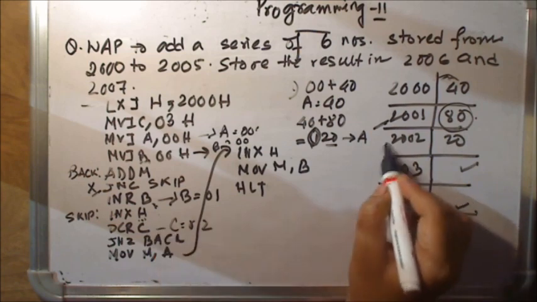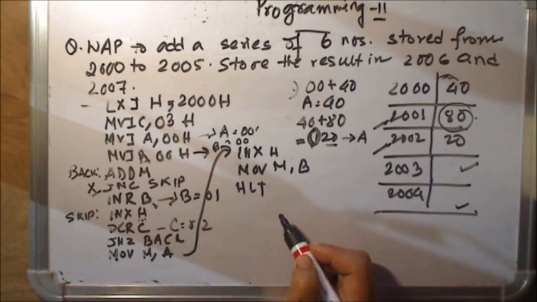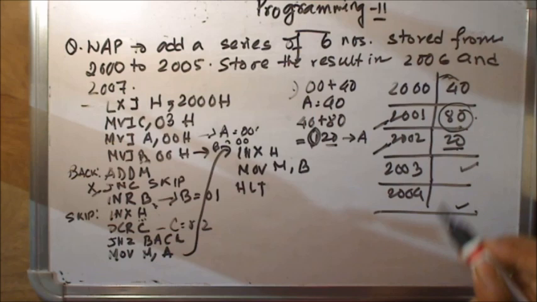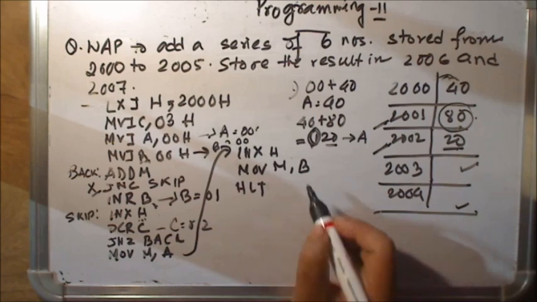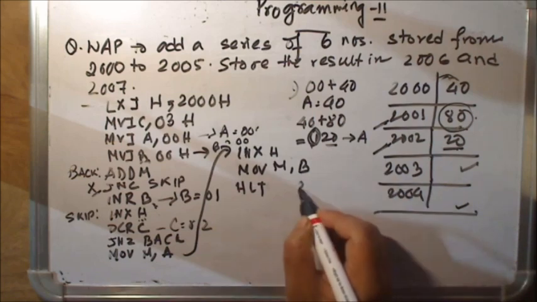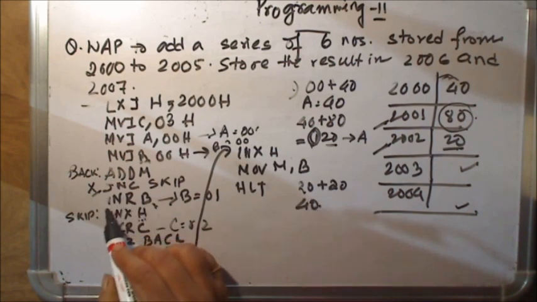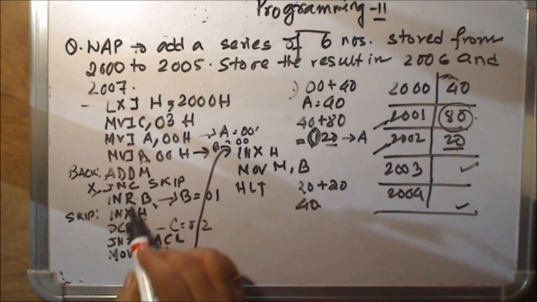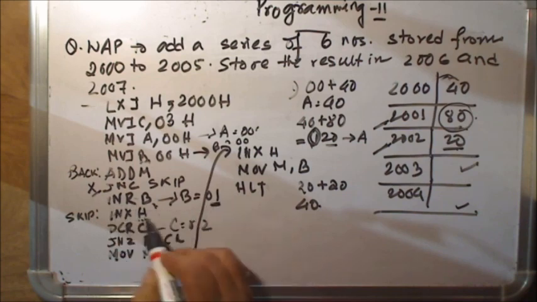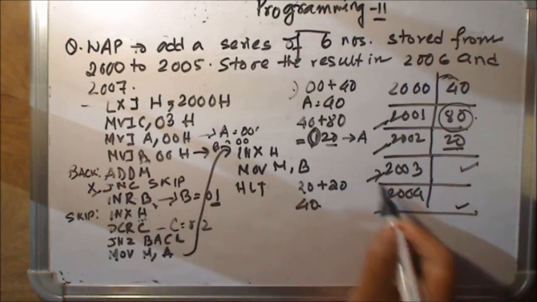Then INX H, we will go to 2002. Now the number is 20. In A, 20 was stored, 20 plus 20 is 40. Carry is not generated, so B will not be incremented, B will be 01 only. INX H will be 2003.